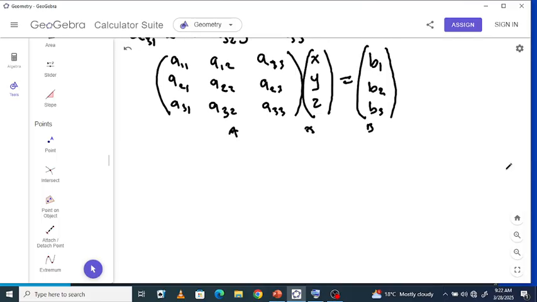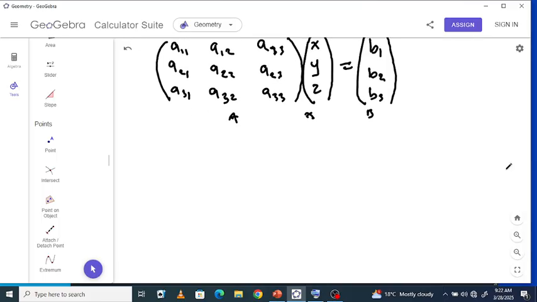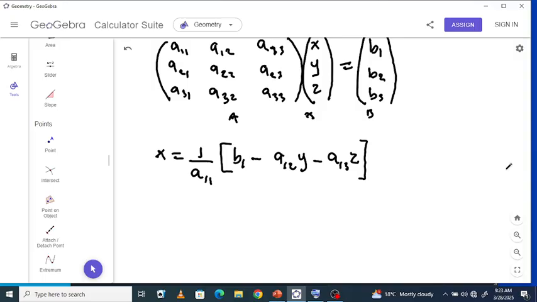Now let's just write it here. In equation 1, we are making x the subject. So we will have x equals 1 over a11 into b1 minus a12 y minus a13 z. We have said in equation 2 we are making y the subject.